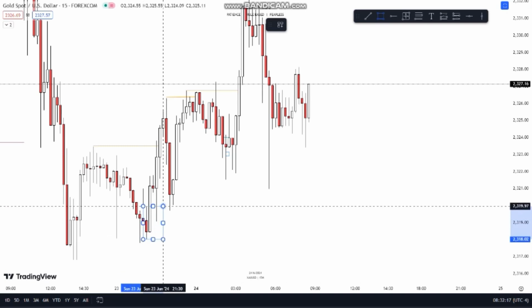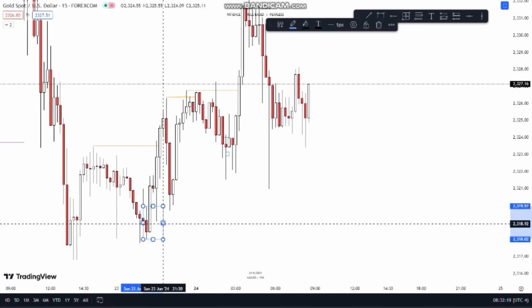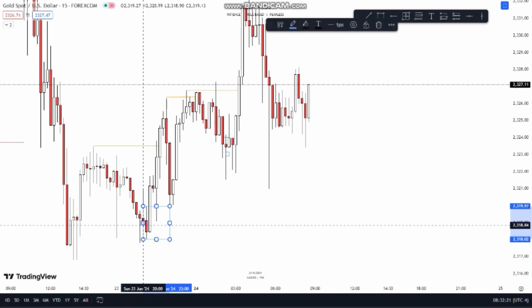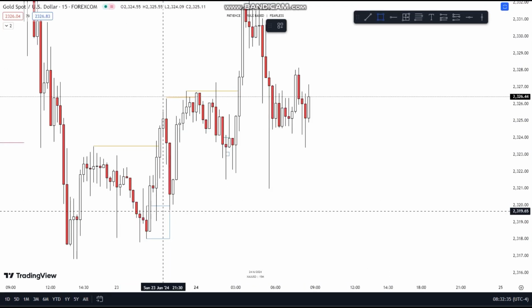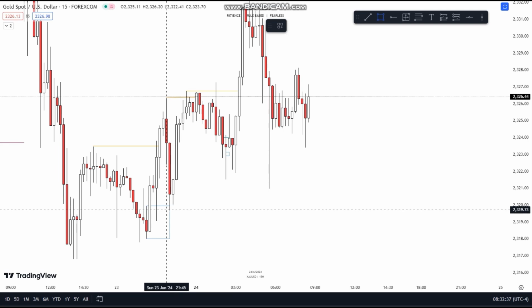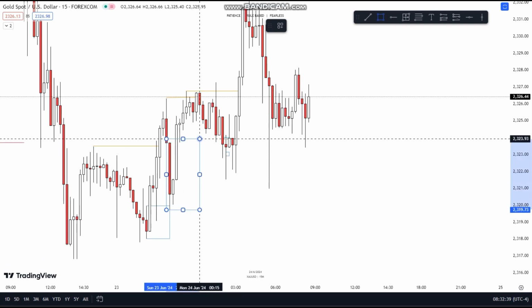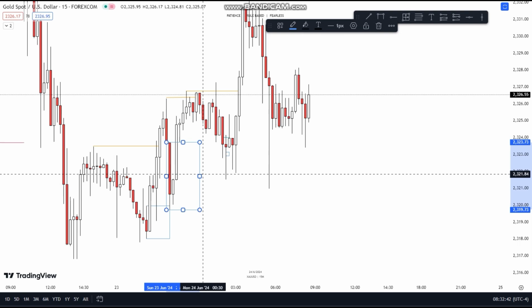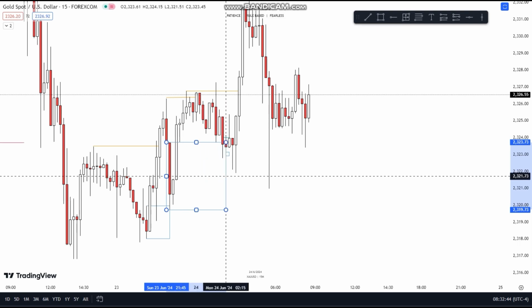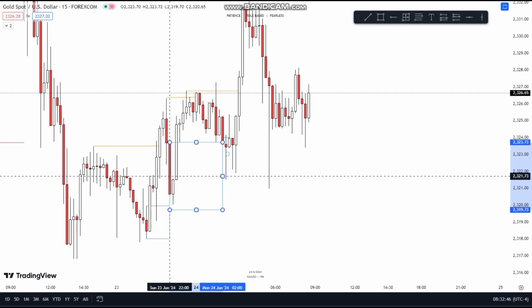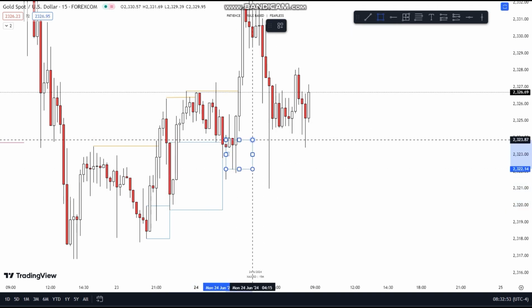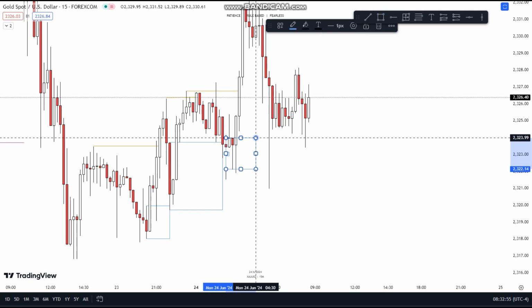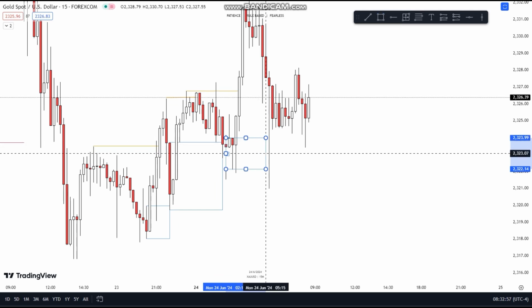This one here is a pivot demand. Same goes here. This one also is a pivot demand. Same thing here is a pivot demand.